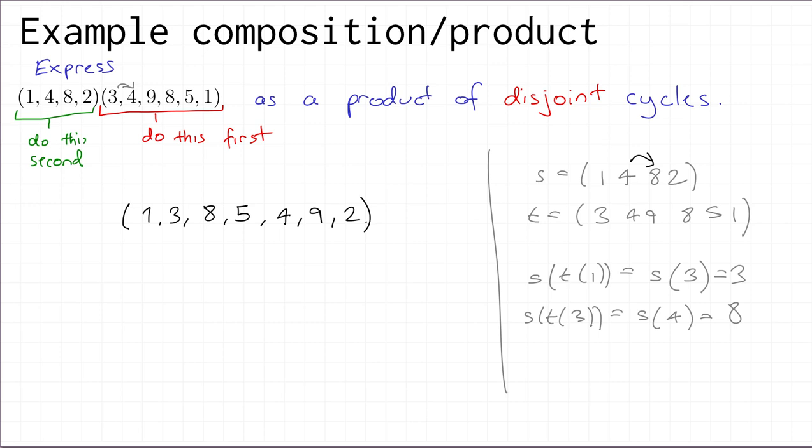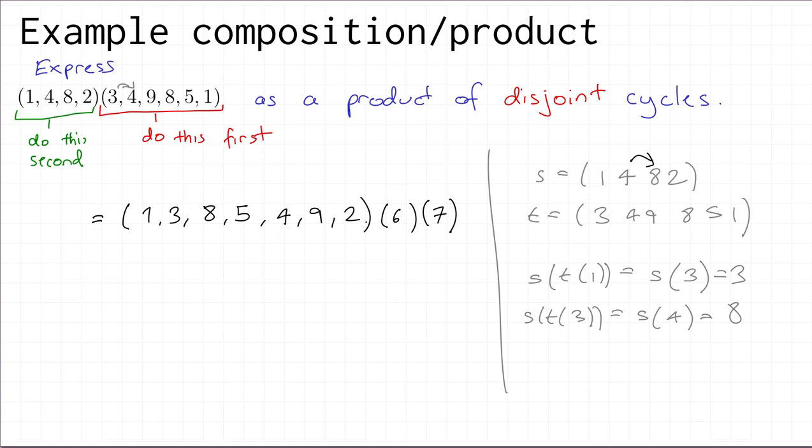And then we have to decide, are there any numbers which don't belong to this cycle? If we were talking about permutations in S9, then we look for all those numbers. 1 is in there, 2 is in there, 3, 4, 5 is in there, but 6 and 7 are not in there. So if we want to include all the 1 cycles, 6 should be in a cycle on its own, and 7 should be in a cycle on its own, because both of those permutations, S and T, send 6 to 6, and both of them send 7 to 7.